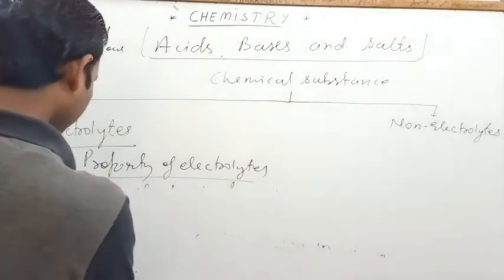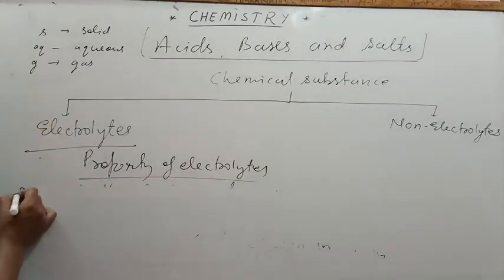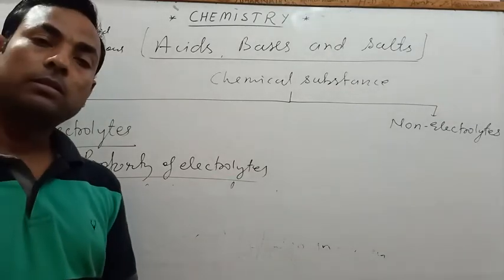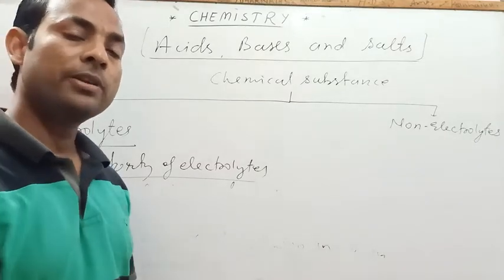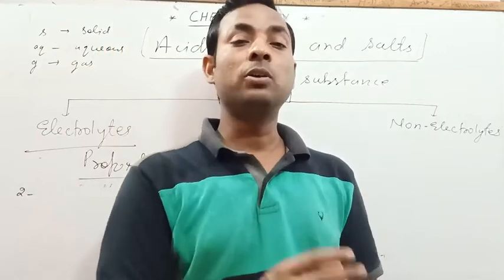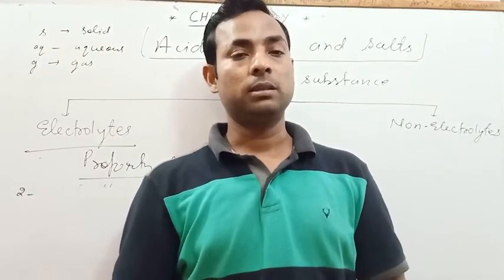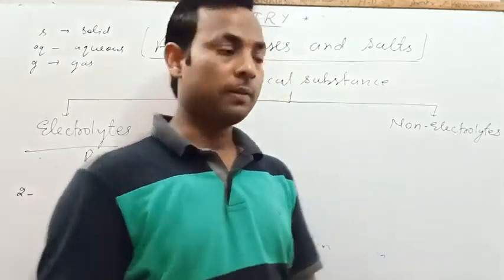Okay, second property of electrolytes. After dissociation or ionization, electrolytes give two kinds of ions. The first one is called cation and the second one is called anion.